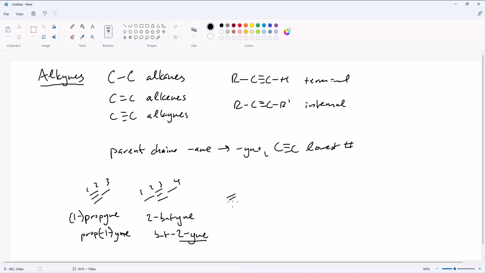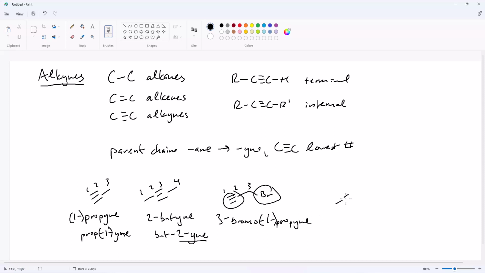If we have multiple substituents on a chain, such as a bromo and an alkyne, we're going to prioritize the alkyne, so we put that at position 1, 2, 3. So we have a 3-bromo and a 1-alkyne. So we'd have the 3-bromo and then 1-propyne. And that 1 would be optional because if it's a terminal alkyne, we don't necessarily need to include it.